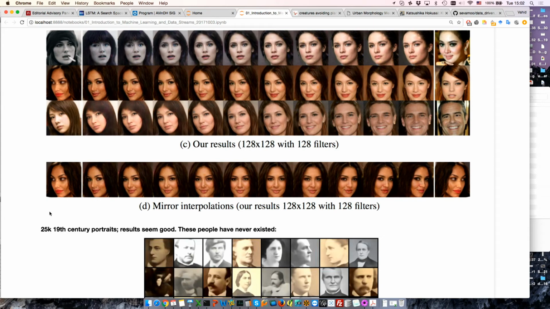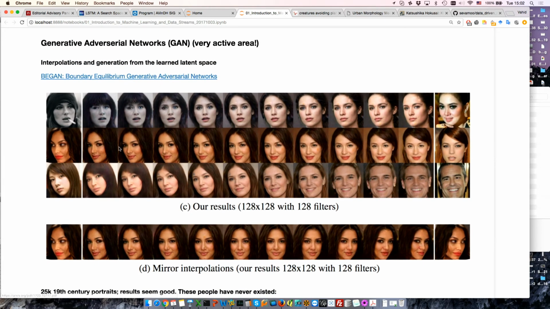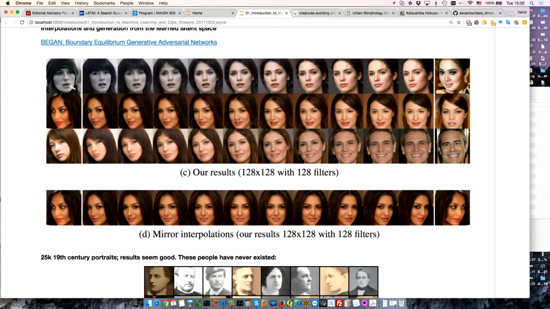From the technological point of view, this algorithm is called BEGAN, Boundary Equilibrium Generative Adversarial Networks, compared in the third row here, and this one is a kind of interpolation. Just think about it: it's not interpolating pixels, it converts them to a latent space, and there you have linear interpolation. Because of that, it's super powerful.